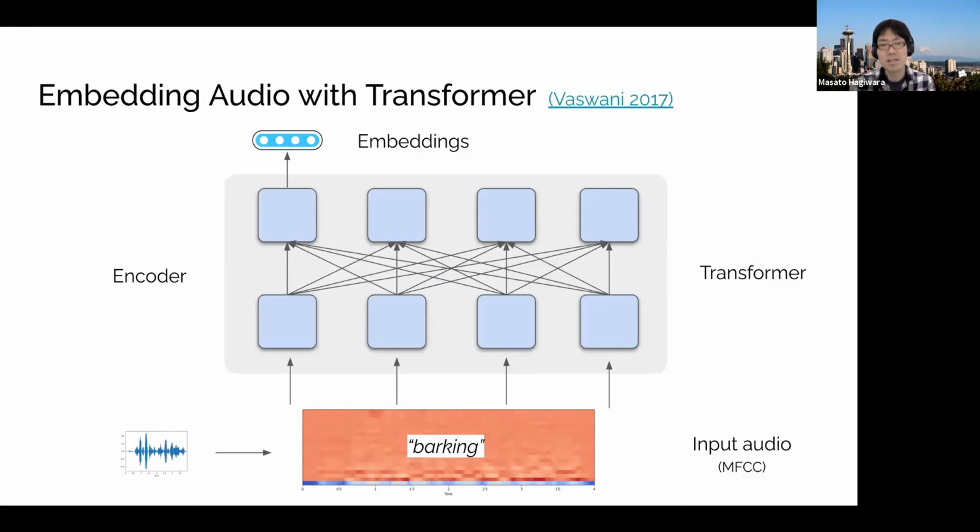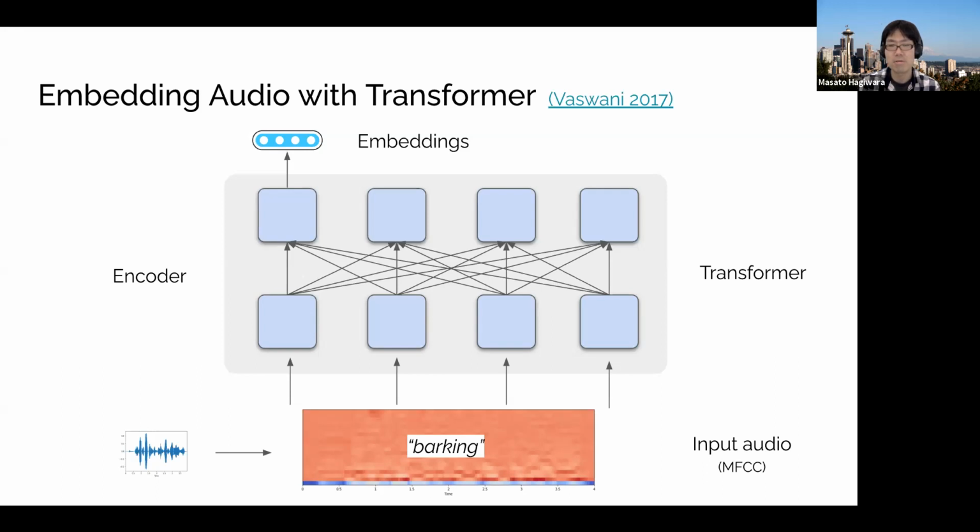So there's this model called the transformer, which was proposed in 2017 by researchers at Google. And by 2018 or 2019, it's everywhere, especially in NLP.